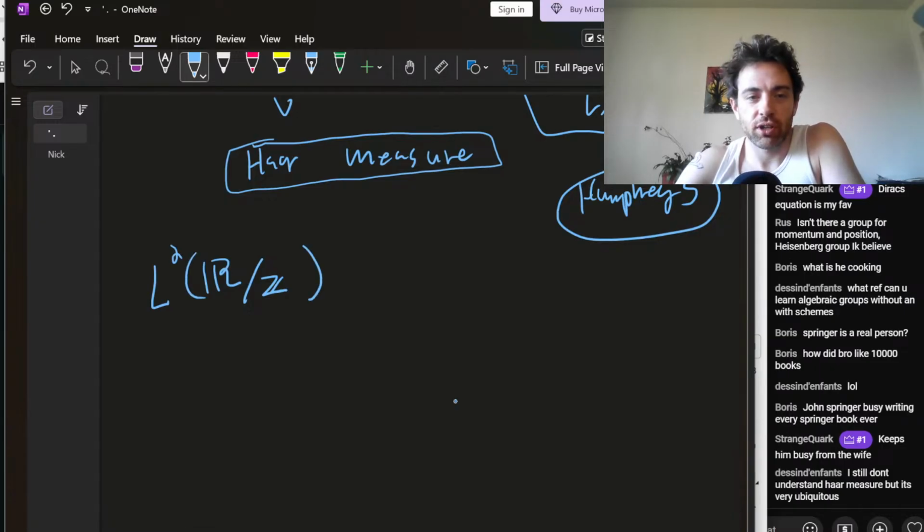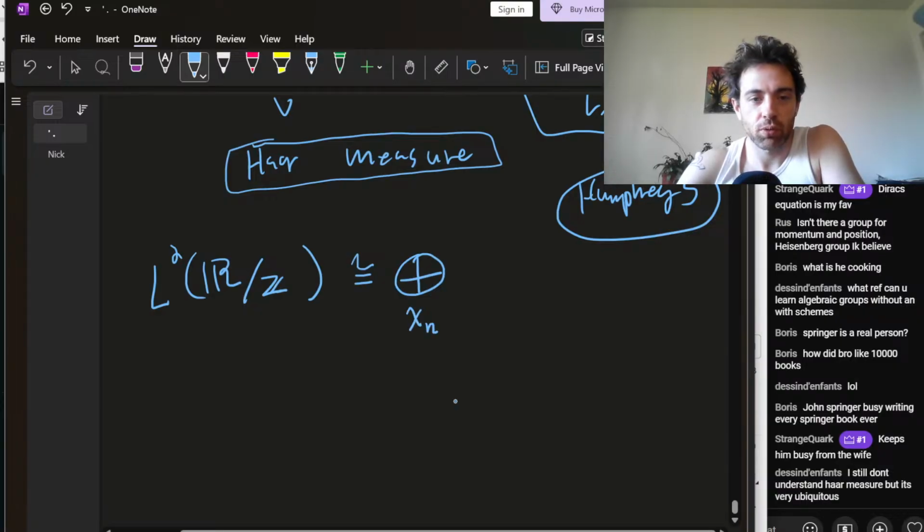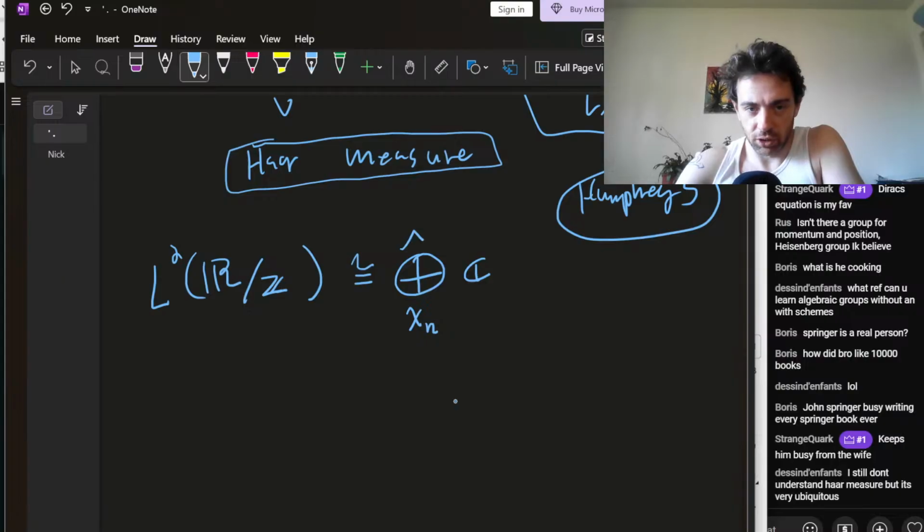It basically just says that the L2 space of this quotient breaks up as a Hilbert space direct sum of a bunch of irreducible representations.